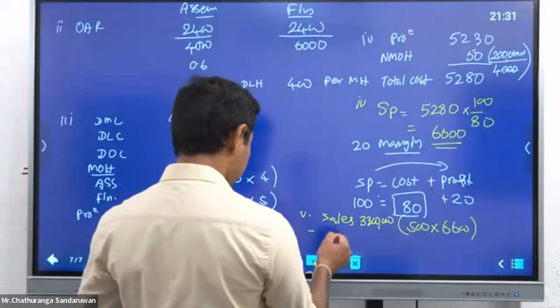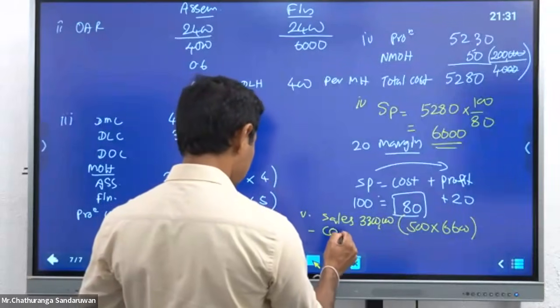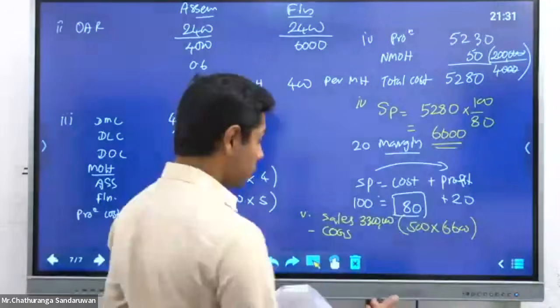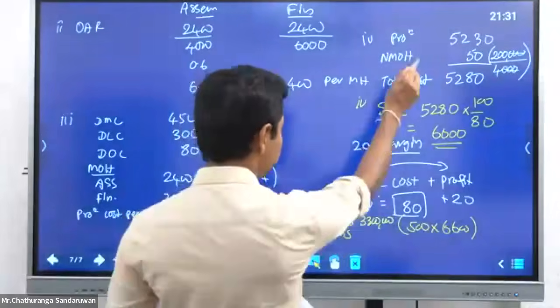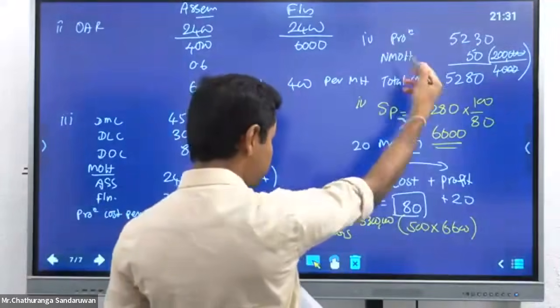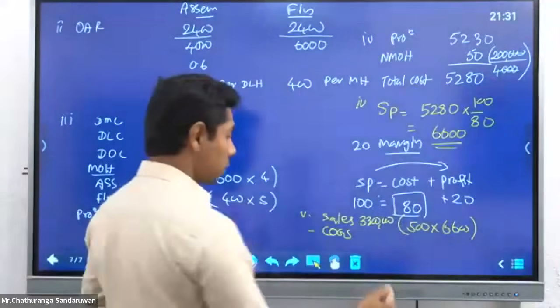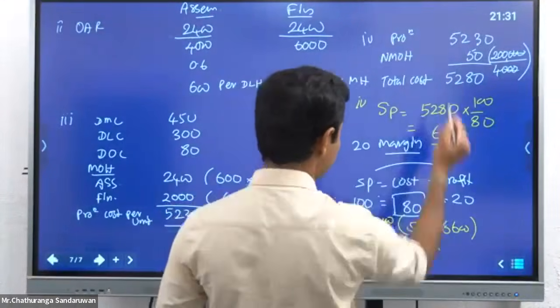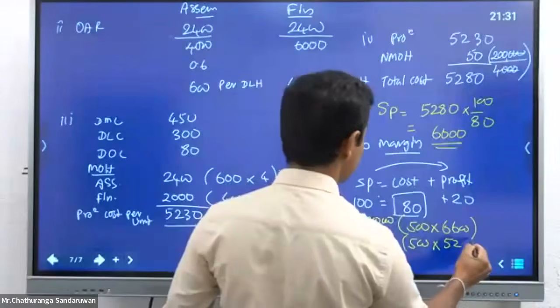Less cost of sales, cost of goods sold. So they are asking for the gross profit, right? So deduct only the manufacturing cost, because manufacturing cost becomes the cost of sales when you sell. Therefore, 500 quantity multiplied by the manufacturing cost per unit of 5230.